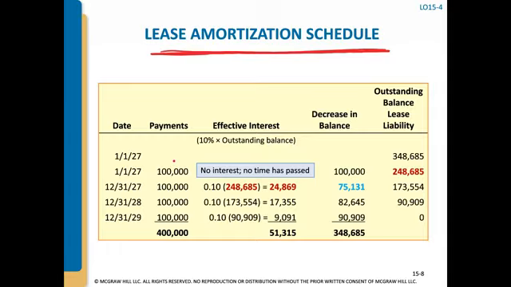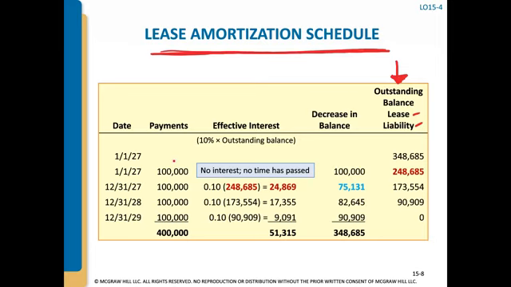So here, I want to point out, and this will come into play in a couple of minutes, that this last column on the right is going to give you the outstanding balance of the lease payable or the lease liability, not necessarily the outstanding balance of the right of use asset. So just keep that in mind.